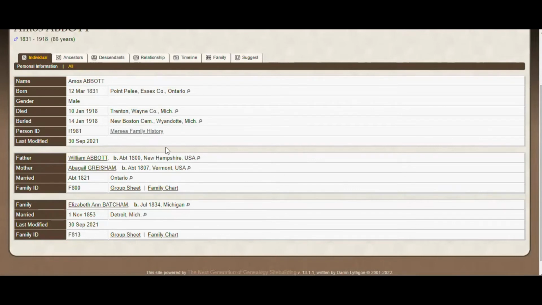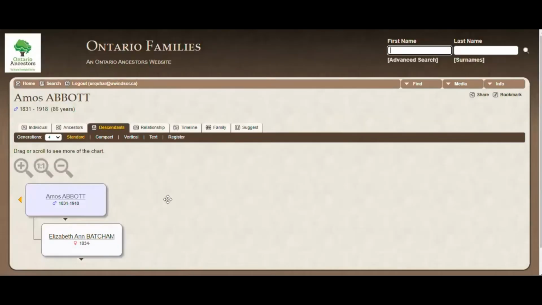So his birth, his death, the name of his father and his mother, the name of his spouse, and in some cases, you'll also see information about descendants or ancestors, as well as many other very interesting information that George has provided.